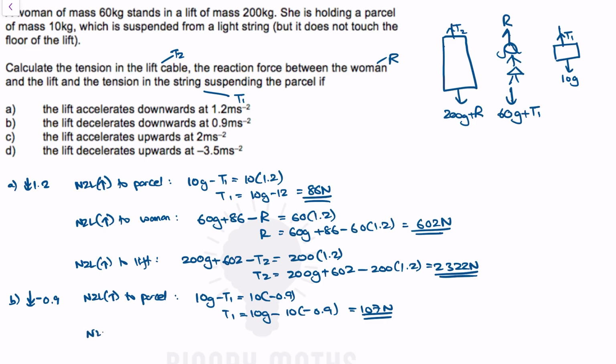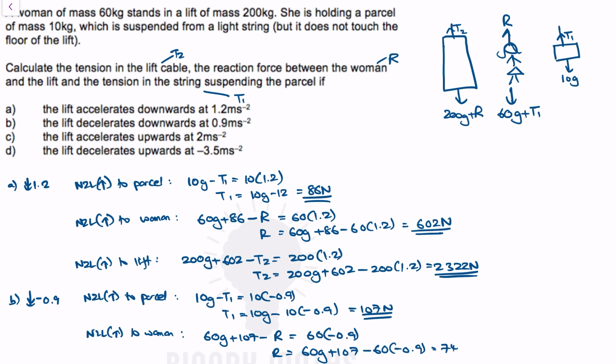Okay, Newton's second law applied vertically to the woman. We end up getting 60g plus T1, which is 107, minus R must be equal to 60 times negative 0.9, which means R must be equal to 60g plus 107 minus 60 times negative 0.9, which works out to be 749 newtons.